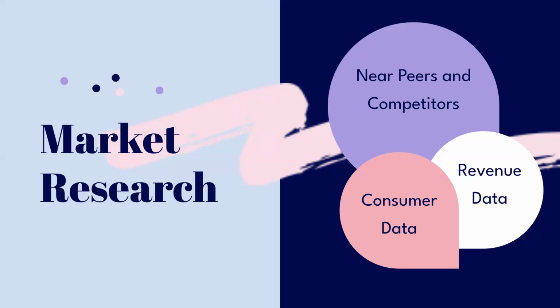But near peers is really great because it can say, people who are doing the thing that I'm doing or would like to do, this is how they're thriving or doing well or maybe not. And this lets you see a big picture of the data that's available to you. And if, for example, you wanted to argue that you believe you could grow, then a near peer can give you a portrait of what that might look like.